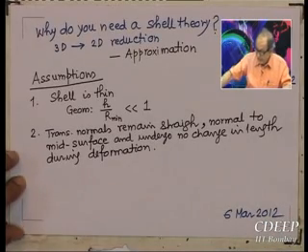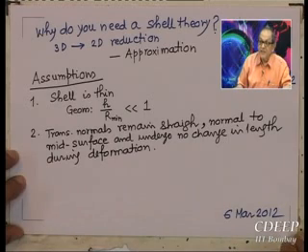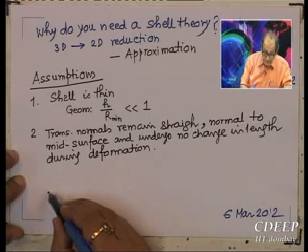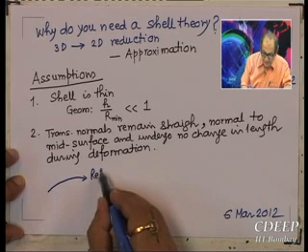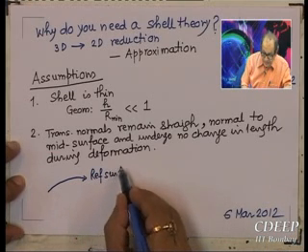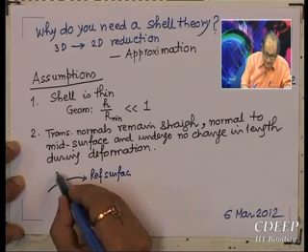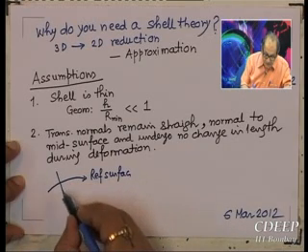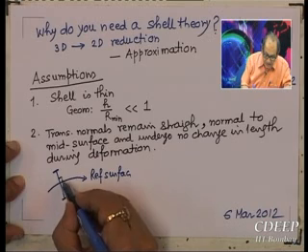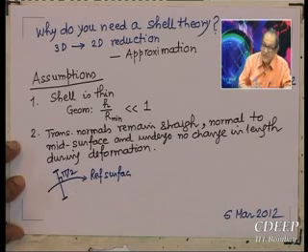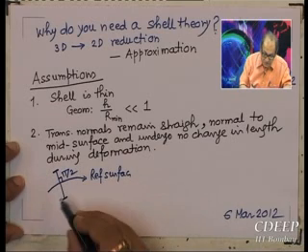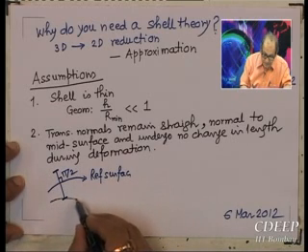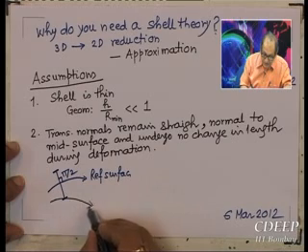So you know what is the implication of this? Normal to this means what? If this is the reference surface, and this is your normal here, it says that after loads are applied, this will become something like this.